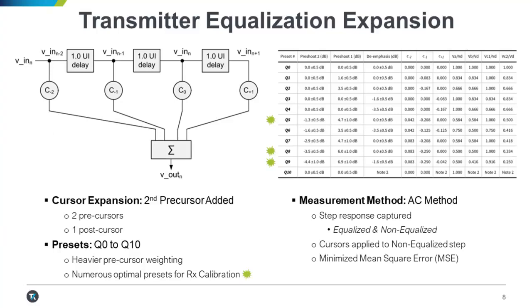Then you take the non-equalized step and apply cursors to it, trying to get it to match up to that equalized step. The cursor values that get you to the point where you have a minimized mean square error are your cursor values that are then reported, right? So this is a new and approved approach, introduced for Gen 5, but required for Gen 6 as well.